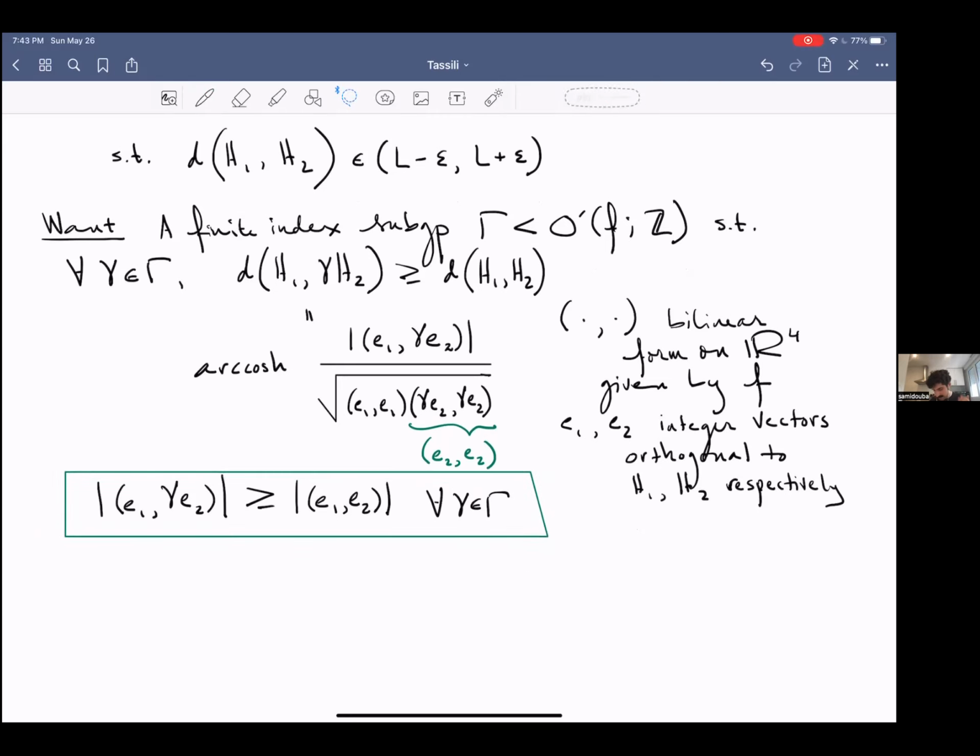This is equivalent. And we still need to find such a gamma. But the claim is that we can take a congruent subgroup that does this.